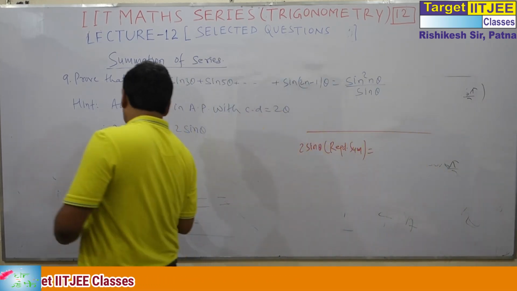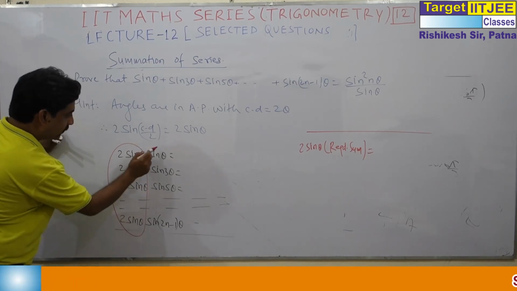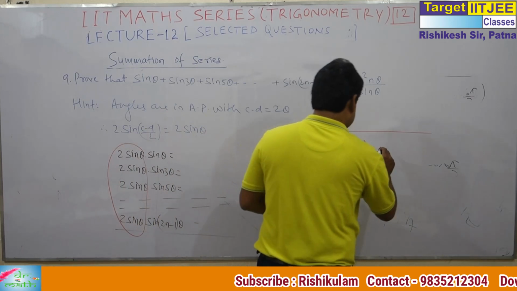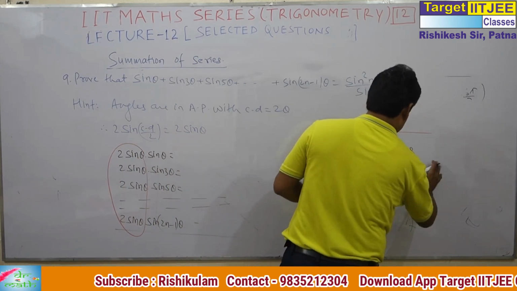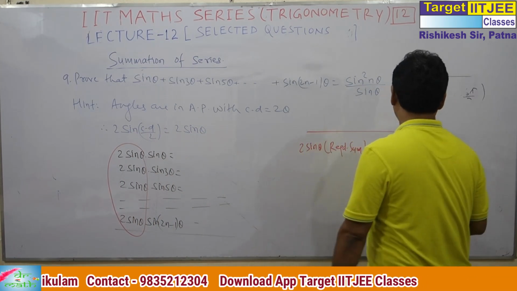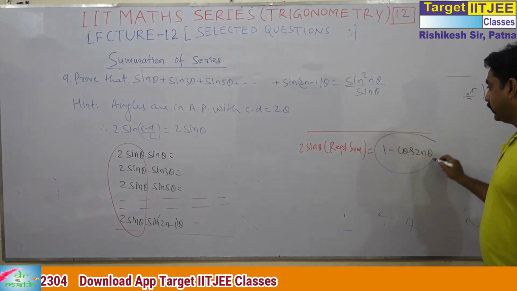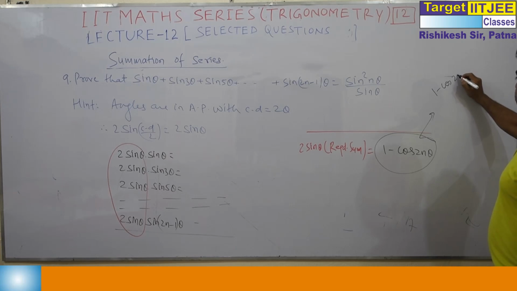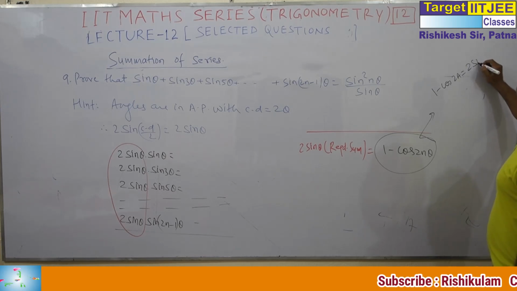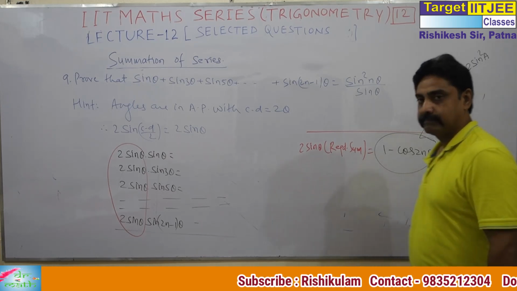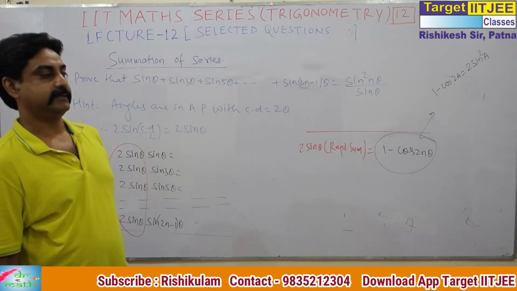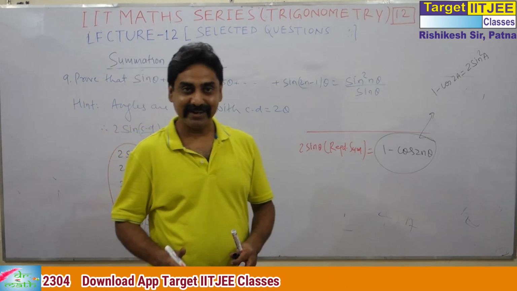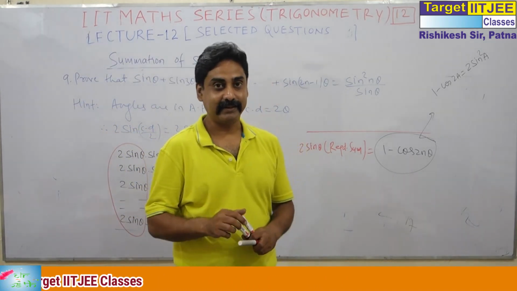When you add them together, 2 sine theta is common and this is the required sum, and this is 1 minus cos 2n theta. And here you can use the formula 1 minus cos 2A is 2 sine square A. Almost I have done the question.